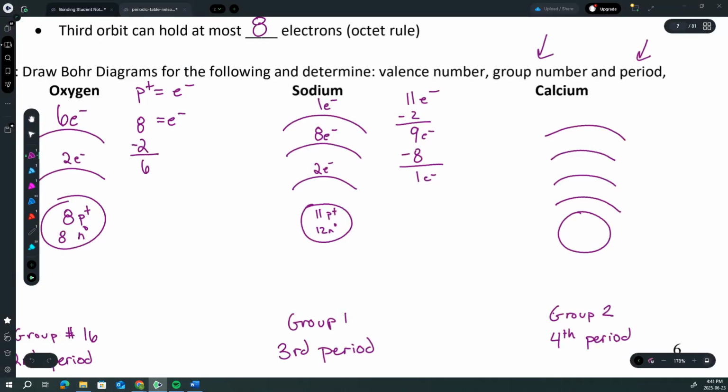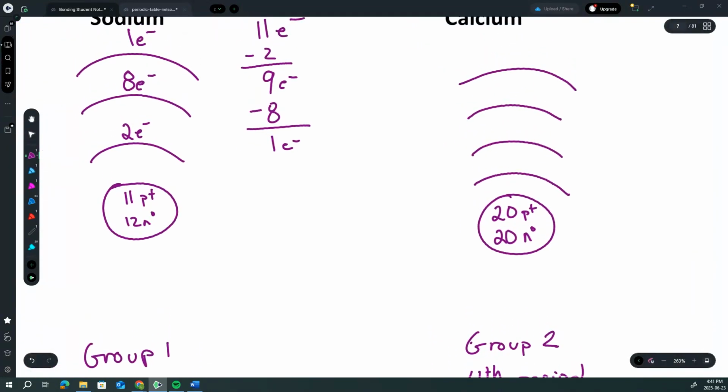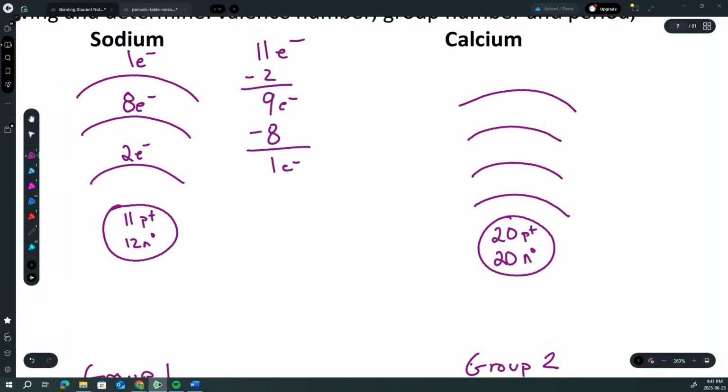So let's go back and fill in our diagram. We've got 20 protons, 20 neutrons. Now for our electrons. Since we have 20 protons, and because we're talking about an atom, that means we have 20 electrons.